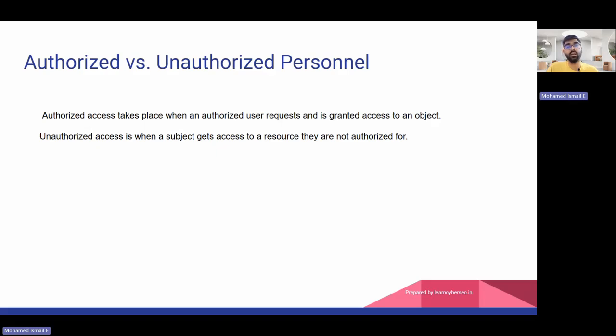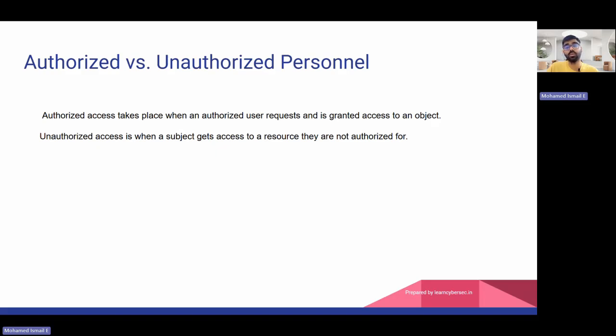If any outsider tries to enter your classroom, they are not authorized, right? If they somehow entered, then the security system is not in place in the college or protected area. So authorized is simple: the person who has rights to access that specific resource or location.